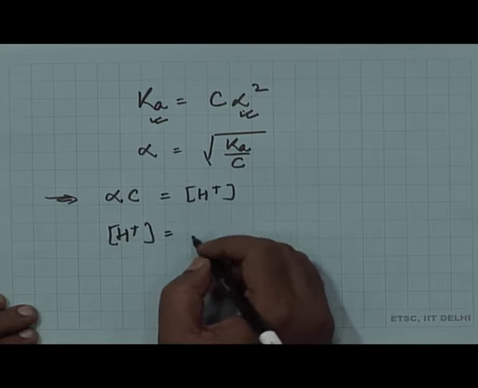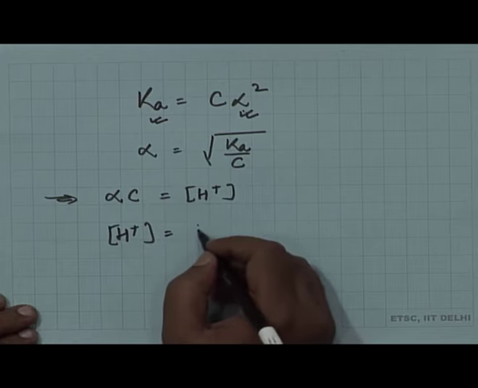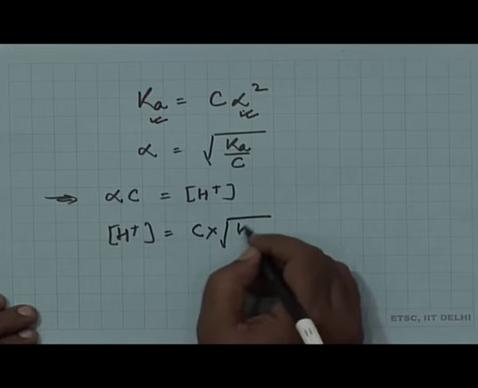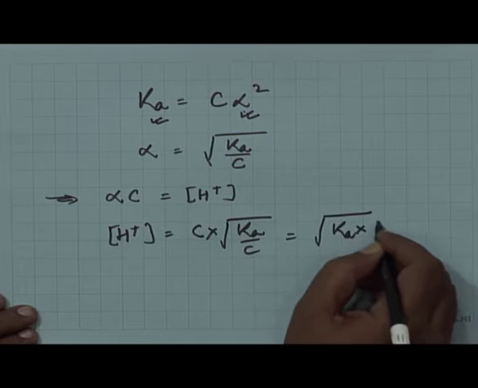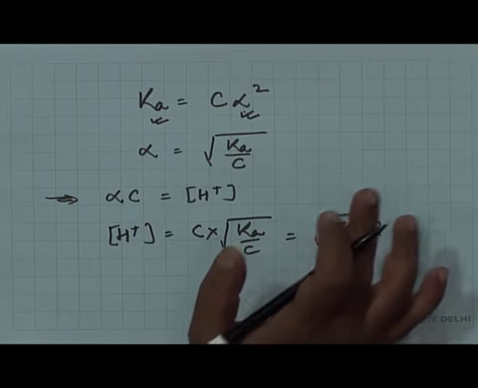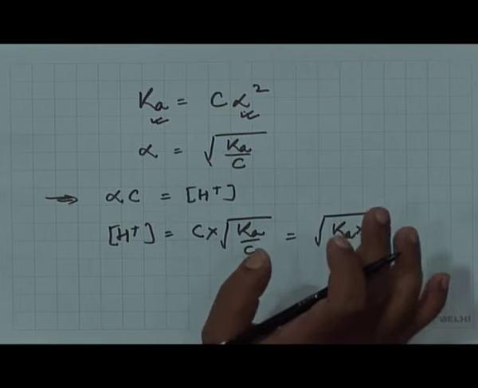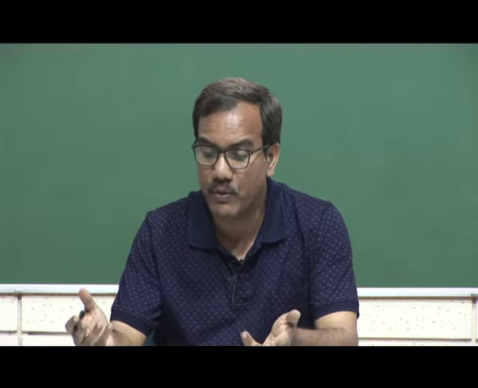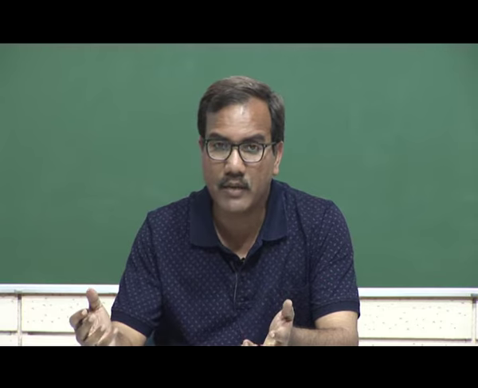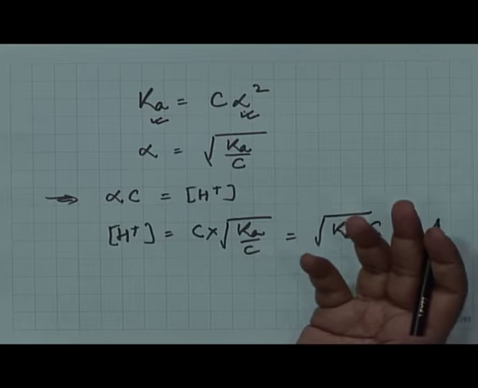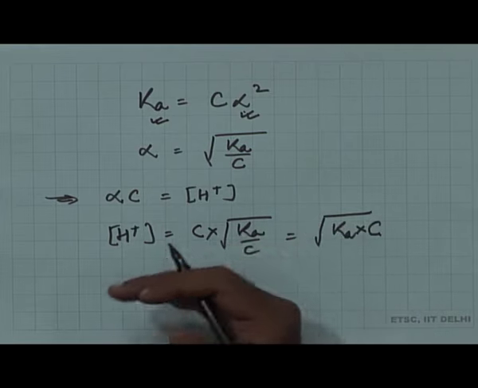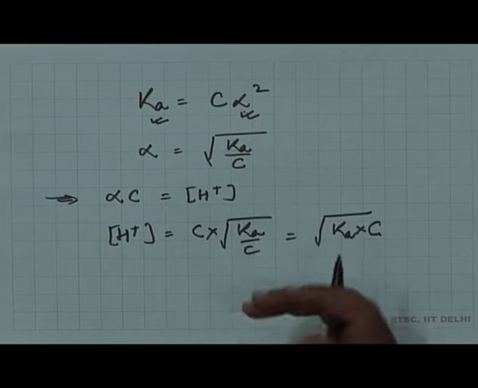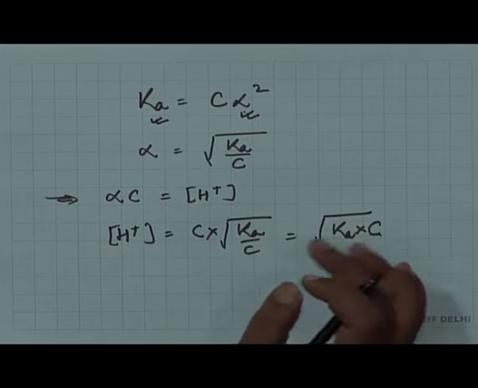That is simply C into alpha, and C into the square root of Ka by C gives the square root of Ka into C. So, if I know alpha, I can calculate Ka. On the other hand, if we know Ka, then we can calculate alpha, and also we can calculate the concentration of ions in the solution. For example, in this case I have shown you how the H plus ion concentration can be calculated.